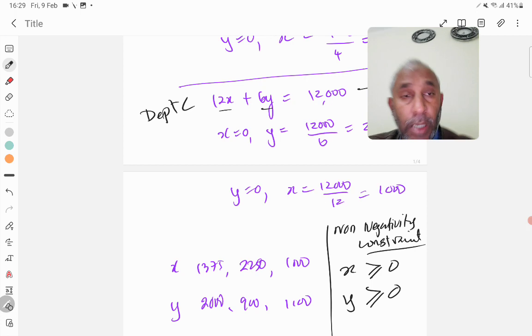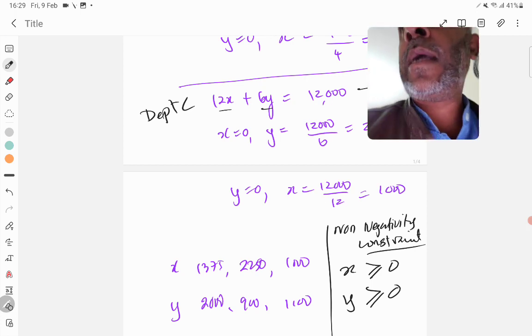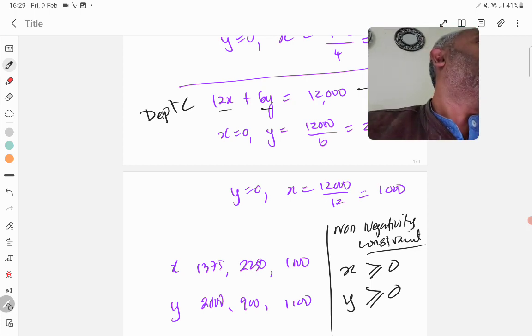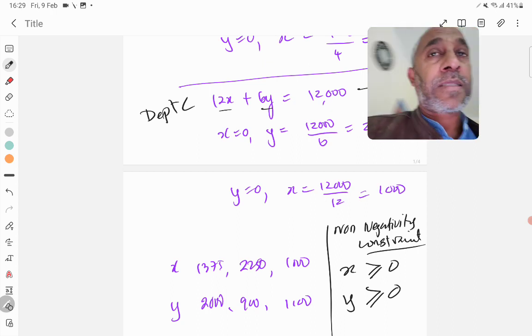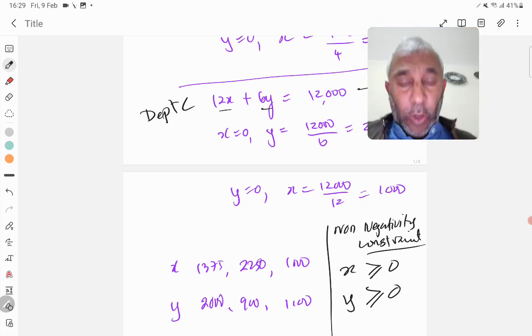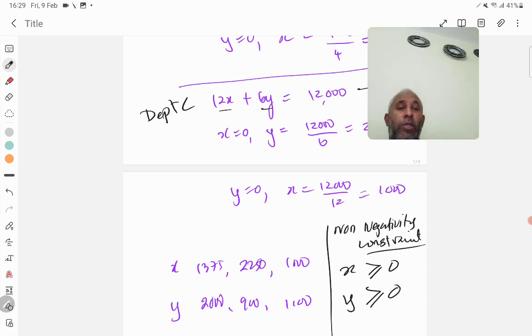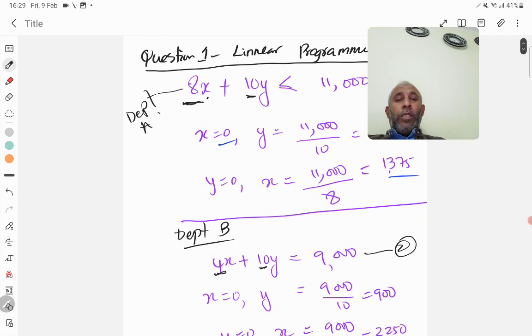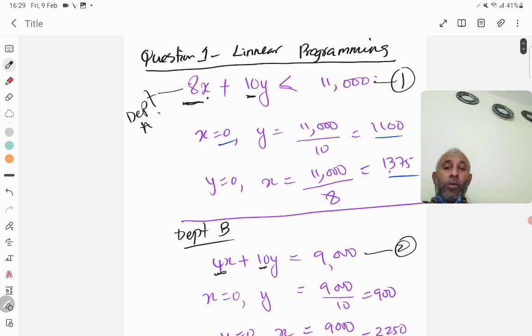So that's exactly what the formulas are. After knowing the formulas, we need to resolve them. How do I resolve them using the graphical method? What we do is find the solution when x is 0, how much will y be?